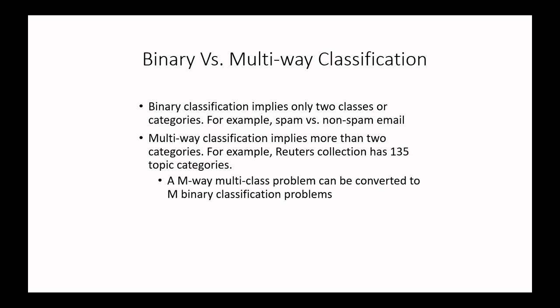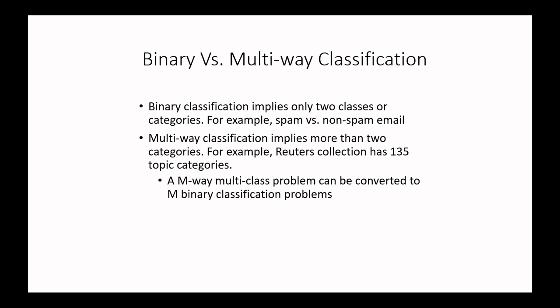For example, say you have a 3-class problem, where A, B, and C are the 3 classes. You could make it A versus B and C, which is a binary problem. Then B versus C and A becomes another binary problem. And then C versus A and B becomes another binary problem.